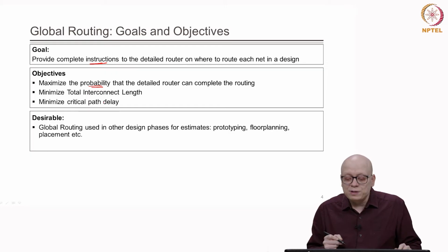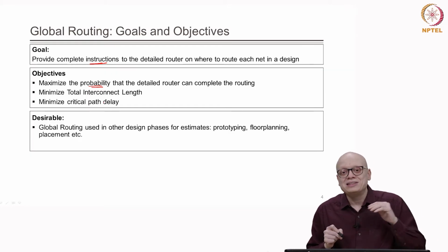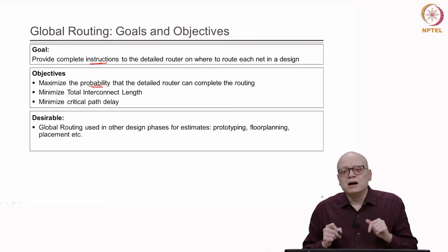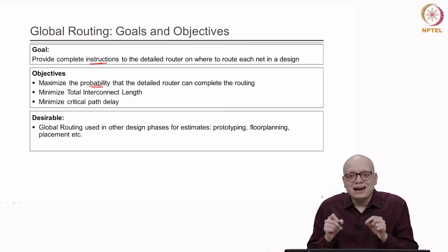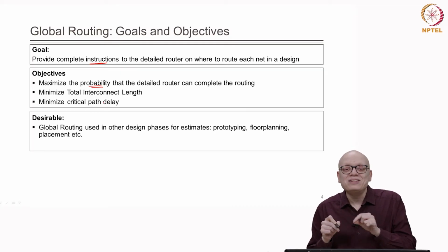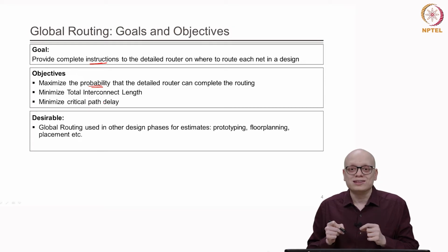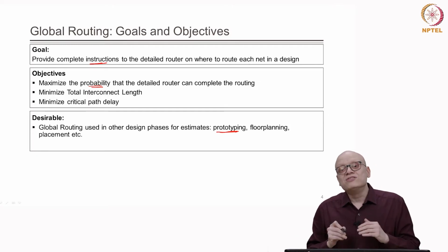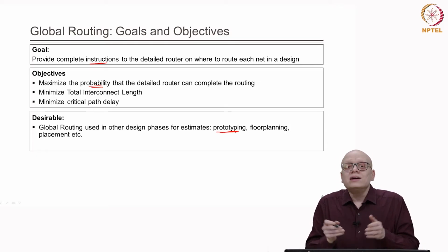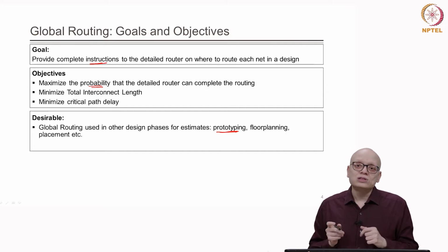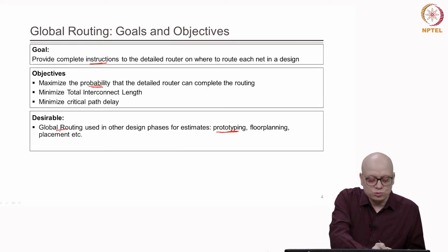For example, even during synthesis, there are some flows in which we create a rough floor plan and do some rough placement and routing, and then assess the quality of the logic synthesis solution and take some decisions. Those are known as prototyping. We are creating a physical prototype of our design by creating a rough layout, and in those cases also global routing is used.